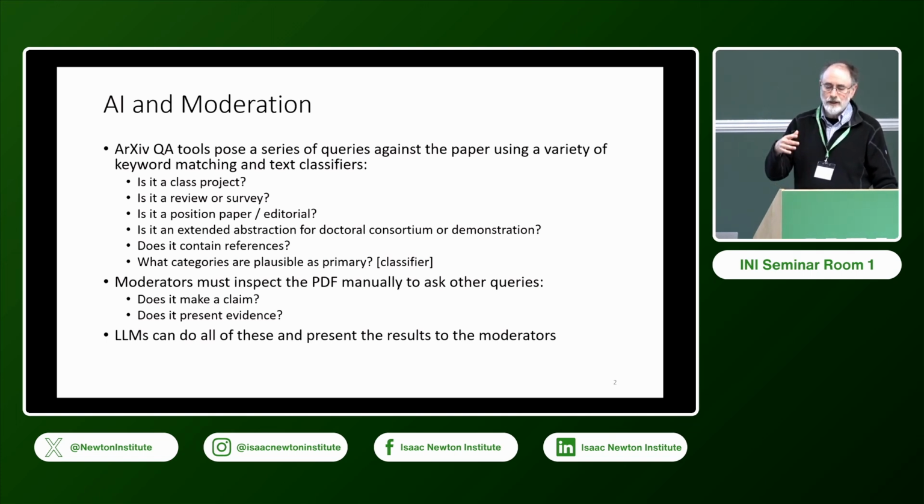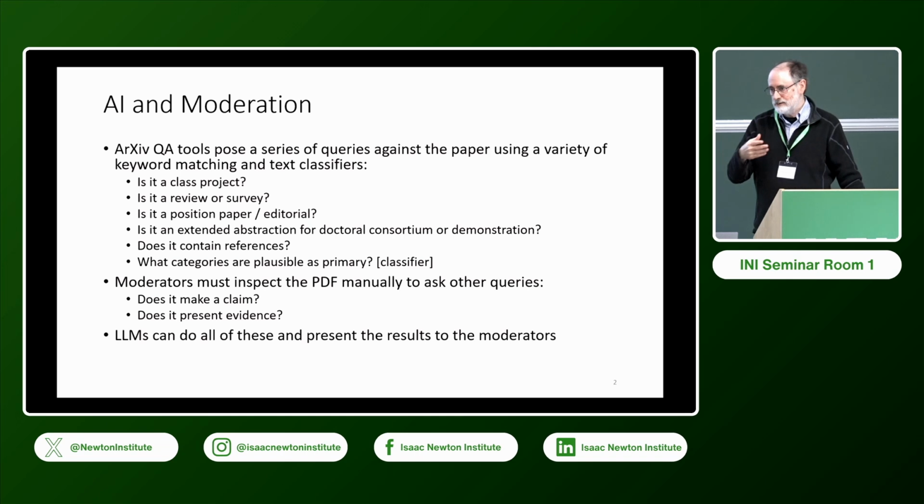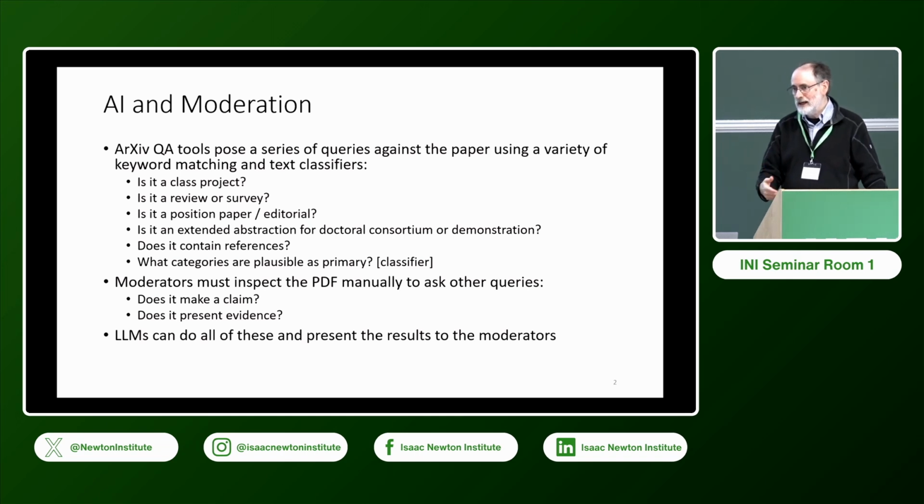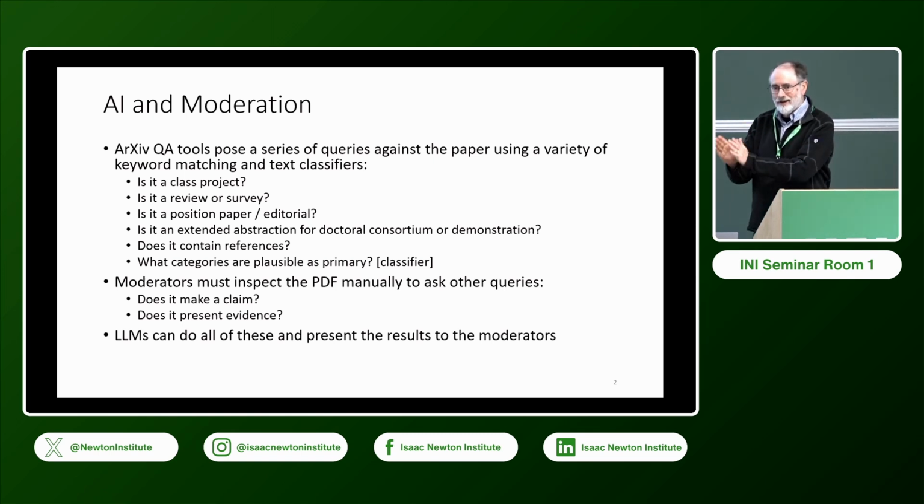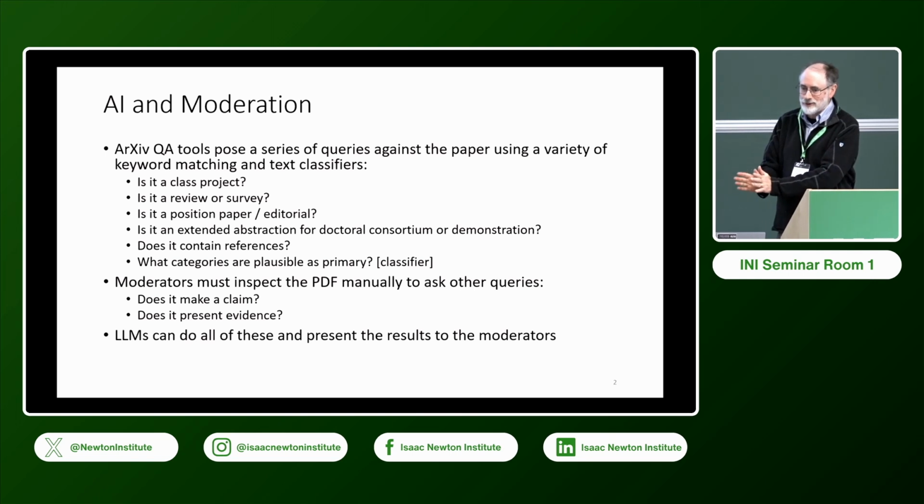In particular, if a submission doesn't trigger any of these queries, that is, it passes all of these quality checks, then it will be released automatically the same day it was submitted, unless a moderator steps in and puts it on hold for some reason. We would love that pathway to become more reliable so moderators wouldn't have to look at those papers at all.